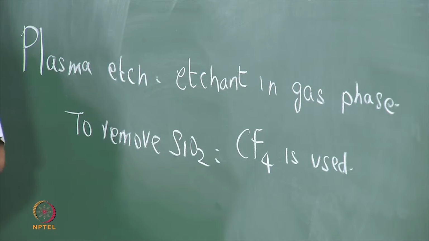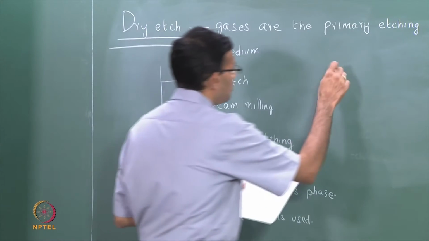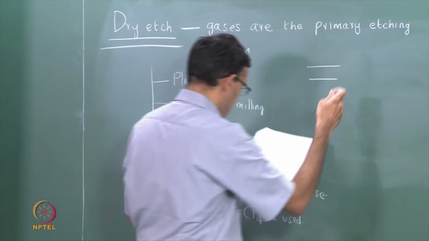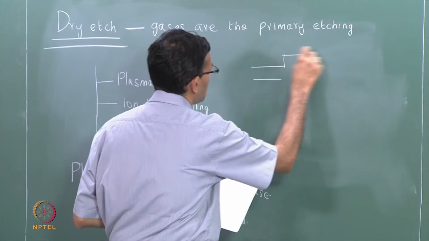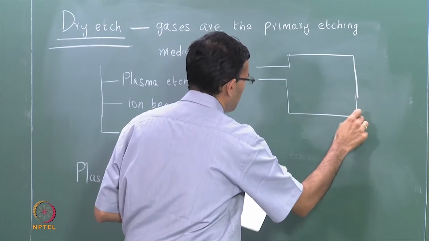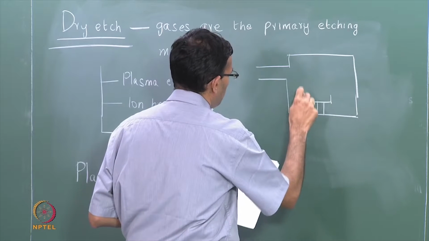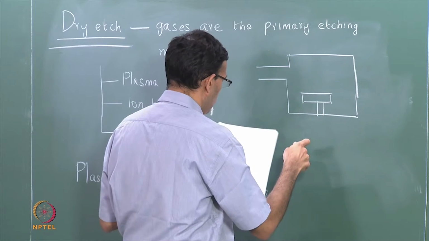Let me just draw a brief schematic of the plasma etch. So you have a chamber. The chamber is usually evacuated so that there are no atmospheric contaminants. The wafer is taken on some substrate holder.